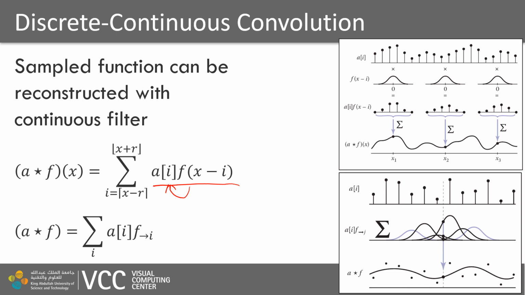Our convolution is then the sum of these discrete samples weighted by weights coming from a continuous function, the continuous filter.